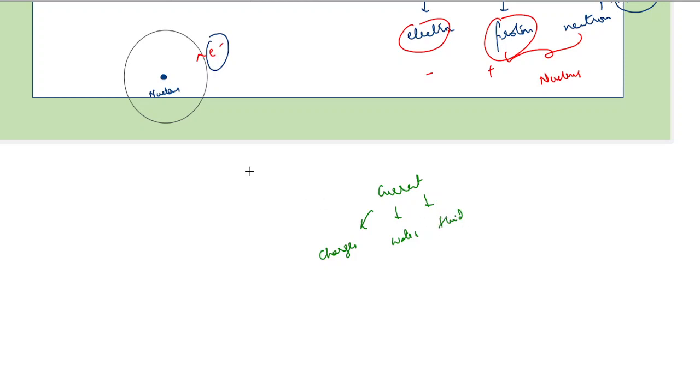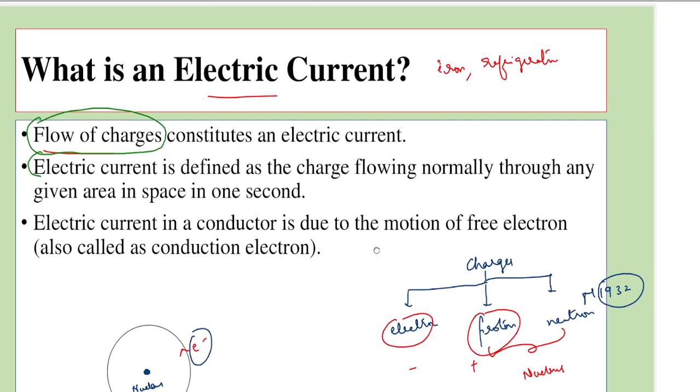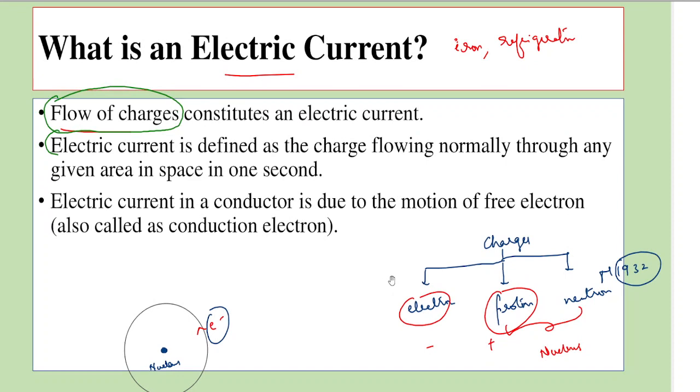So wherever something is flowing, it's called current. So to differentiate these different currents, we call the current electric current. But in physics class, whenever the word current is used, it implies electric current only. So we'll define this now.